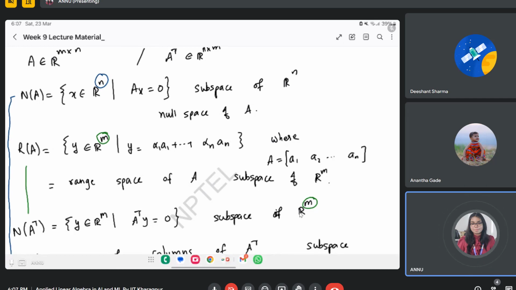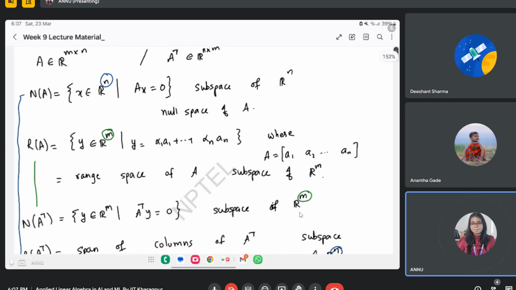Basically in week 9, firstly the sir initiated the concept of null space, row space, column space, and null space of A transpose. What we found is that the null space and the row space are perpendicular to each other.